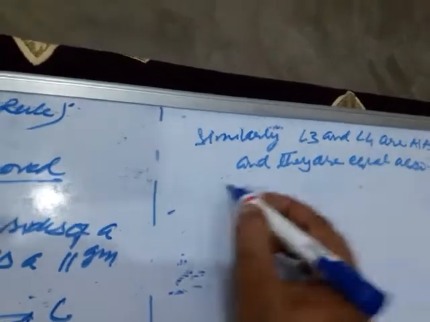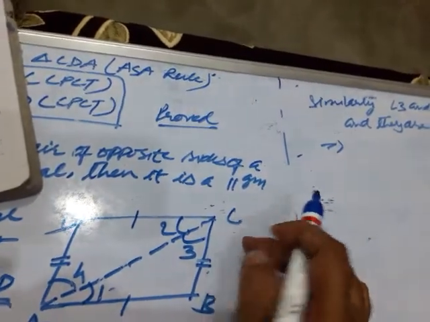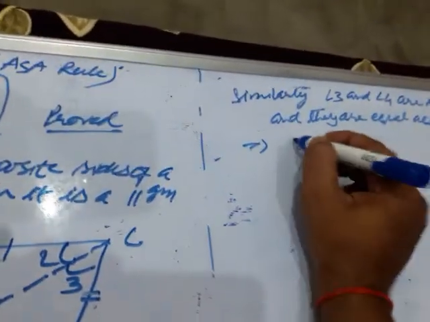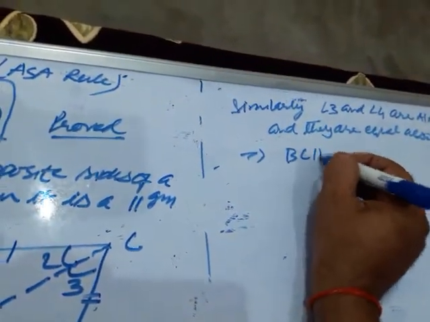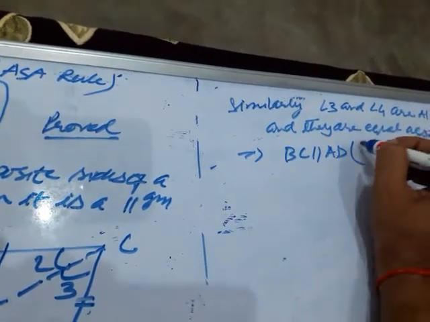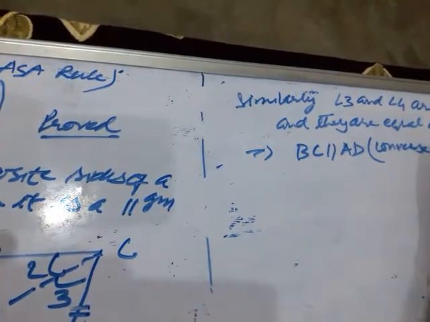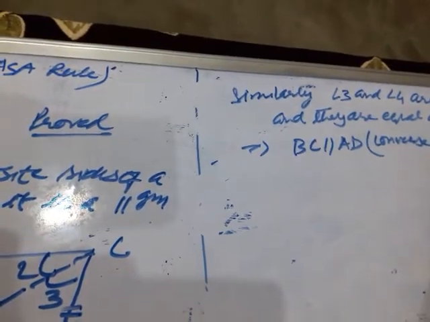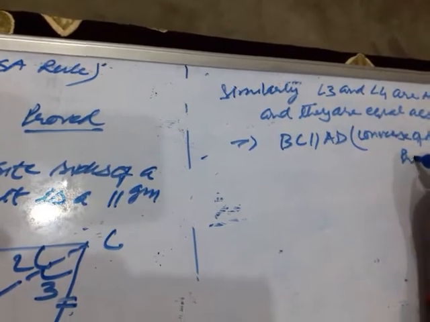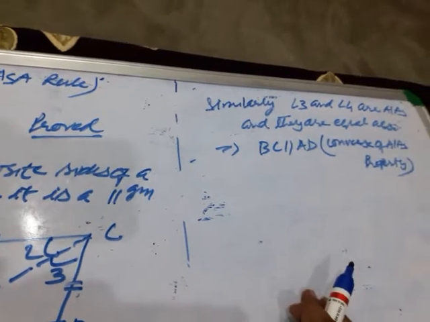This implies that BC is parallel to AD. By which property? By the converse of the alternate interior angles property.